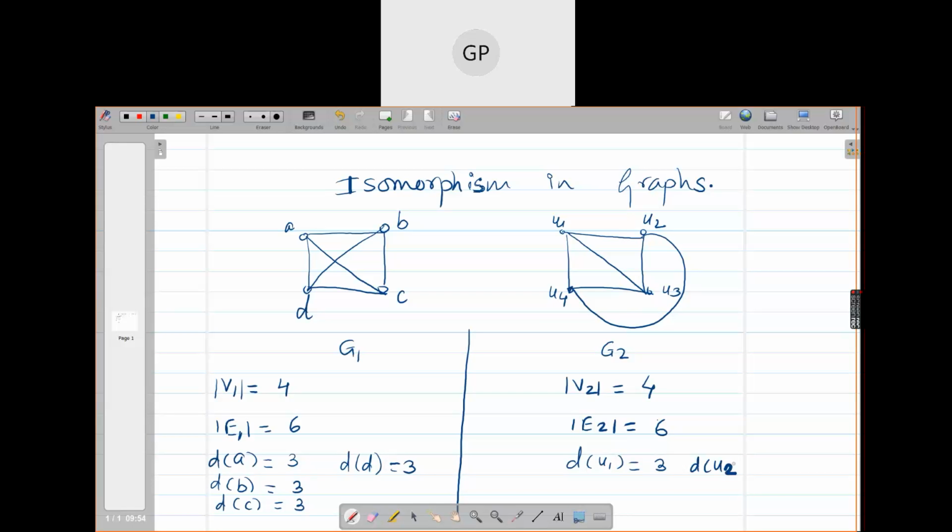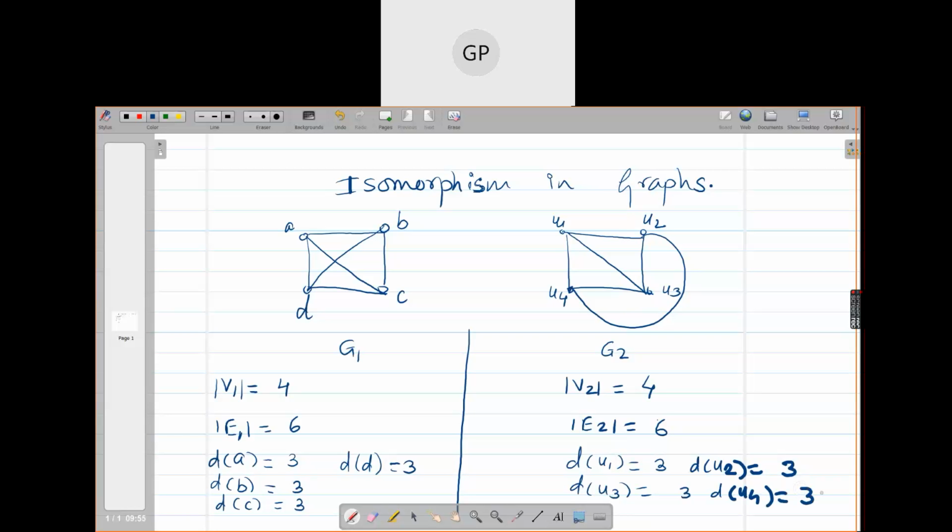Degree of U2? 3. Degree of U3? 3. And degree of U4? 3.